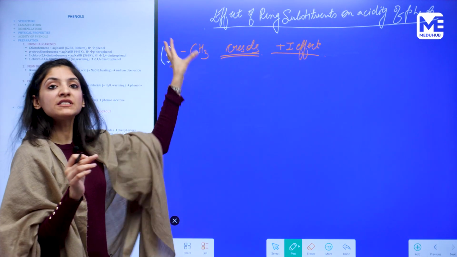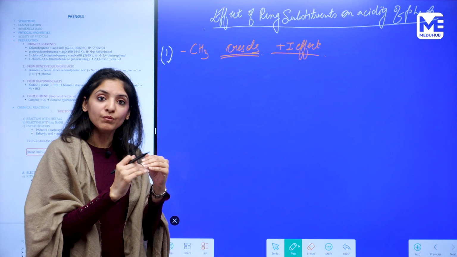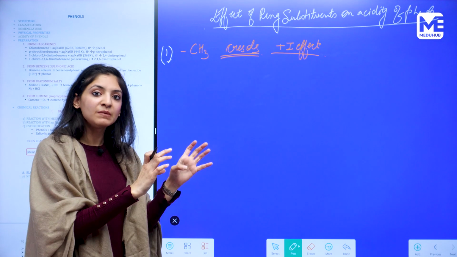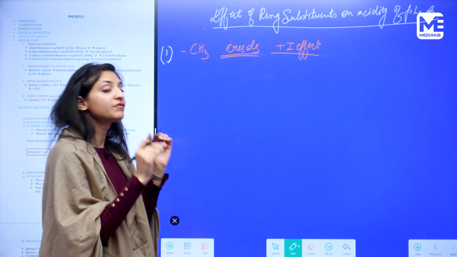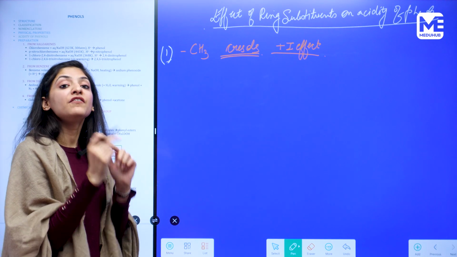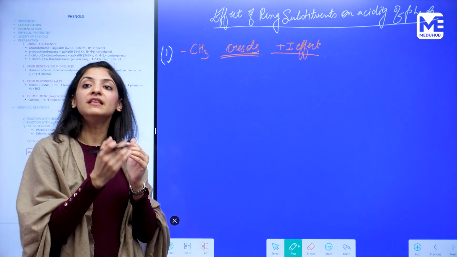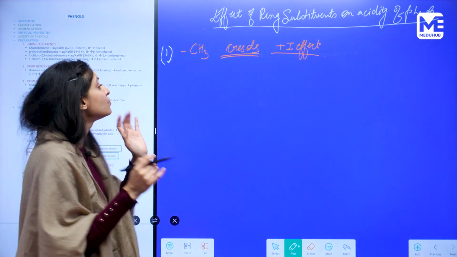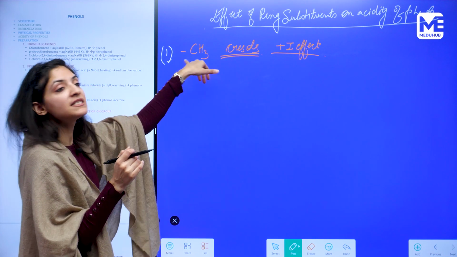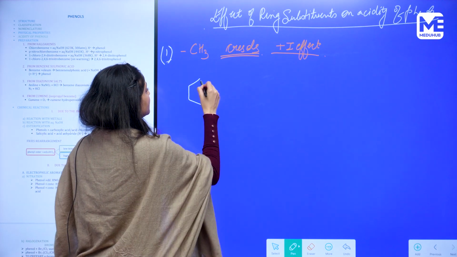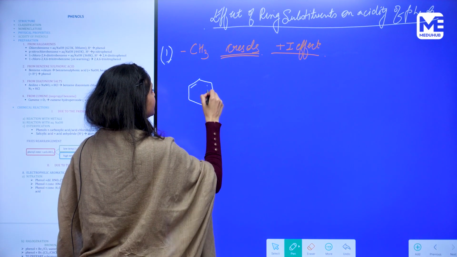If any of the substituents is making the phenoxide ion more stable, that means that particular molecule will be more acidic, right? If the conjugate base is more stable. If it is reducing the stability, that means this substituent is making that molecule less acidic. So here the substituent in cresols is CH3, a methyl group. Let us see if we have the methyl phenoxide ion.